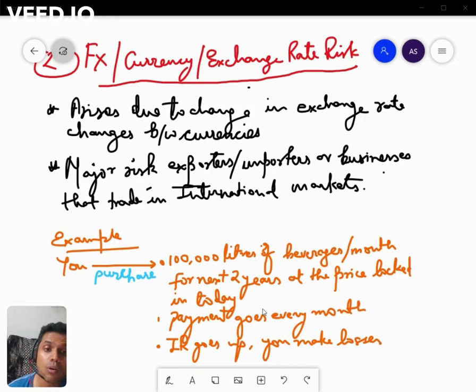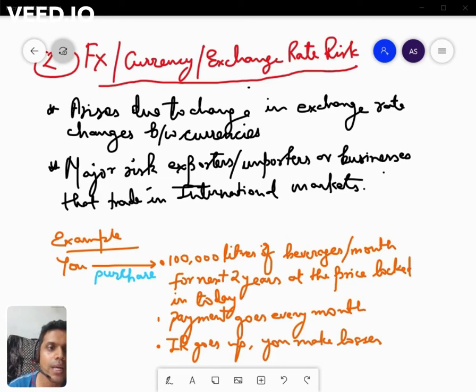Now, if the value of GBP keeps getting stronger against your home currency, in essence, you will end up paying more money than the agreed upon price, and you may come to a point where you don't find the deal to be profitable anymore, right?